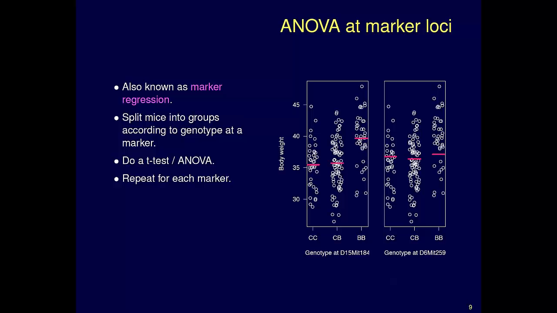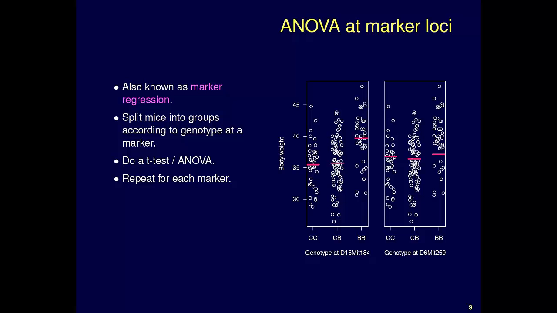The simplest way to analyze this data to try to find QTL is to simply look at each marker one at a time and split the individuals according to their genotype at that marker. So in a backcross, there'll be just 2 groups. In an intercross, there'll be 3 groups. And then do a statistical test to say, are there differences in the average phenotype across those 2 or 3 groups?